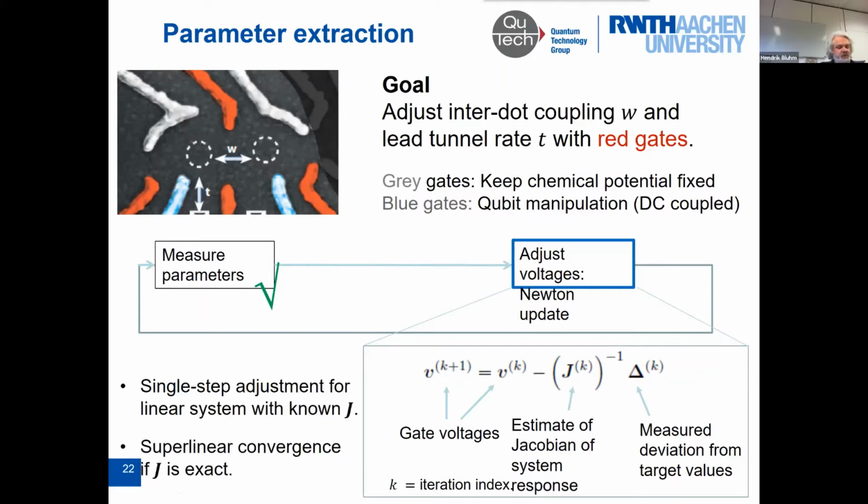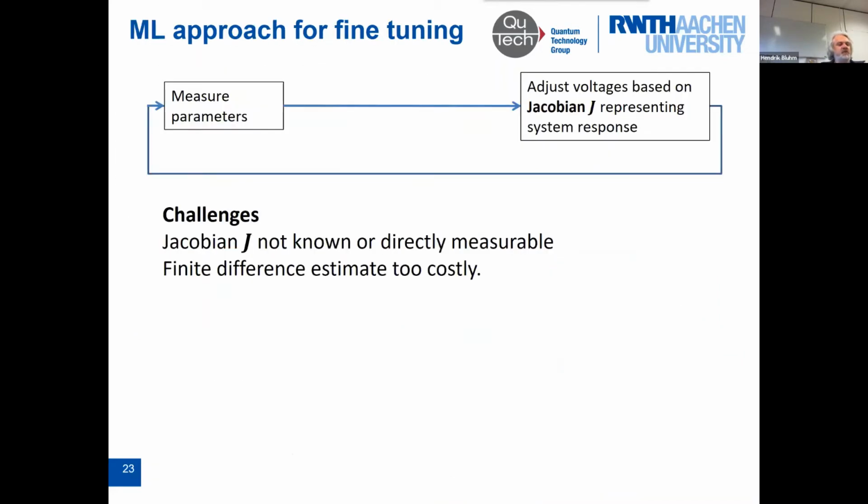Why did we do that? If you had a linear system, then this would be an exact single-step adjustment. If you have a nonlinearity, one can still have superlinear convergence if this Jacobian is known sufficiently well. So it should be a nice algorithm that can deal with very few iterations. But as I said, we need to know how to get this Jacobian.